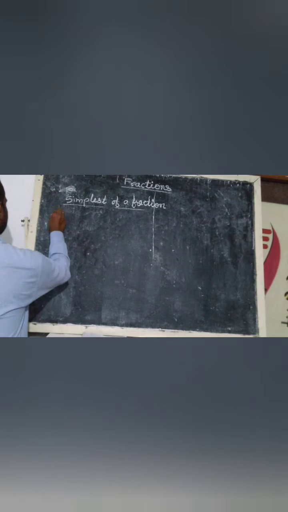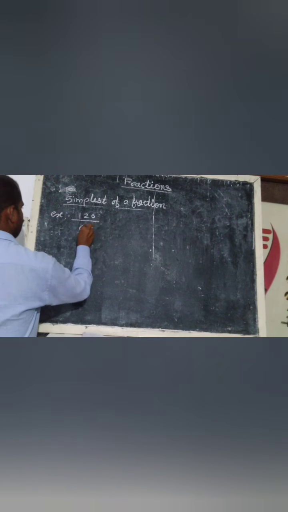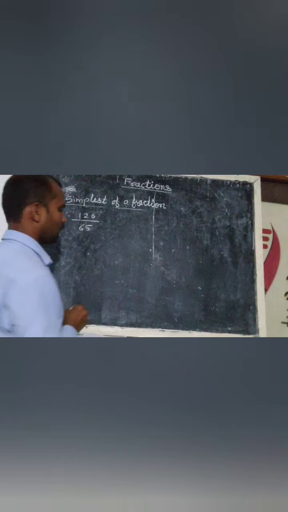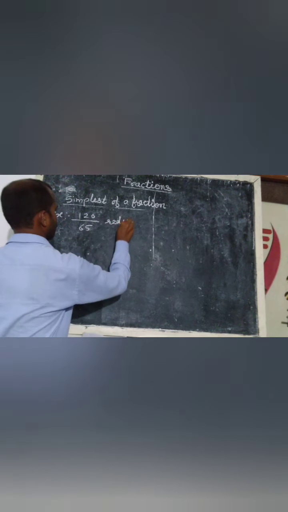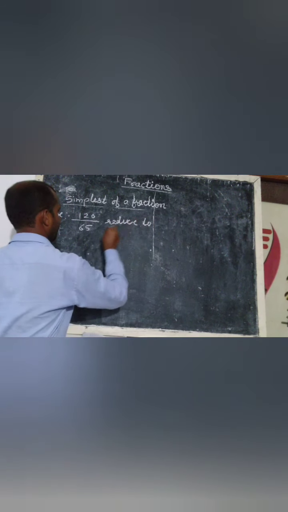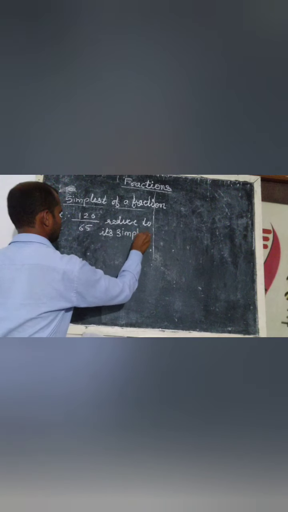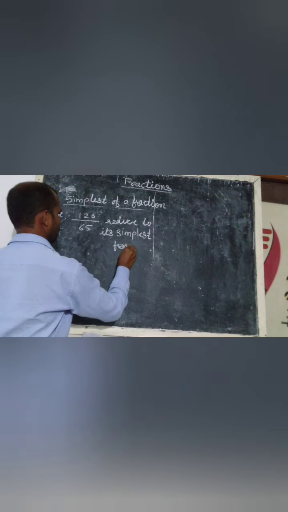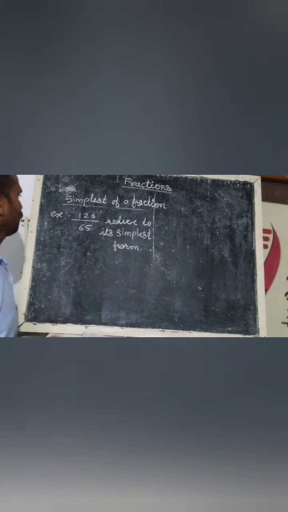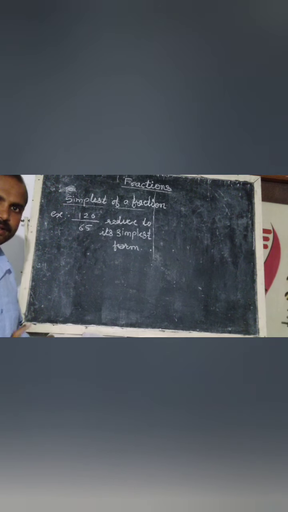Suppose here you are given 120 upon 65 and you are asked to reduce it to its simplest form. So what will you do? You have to find their HCF, the highest common factor.